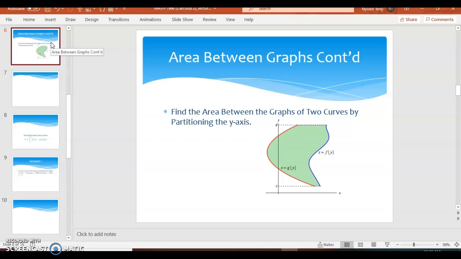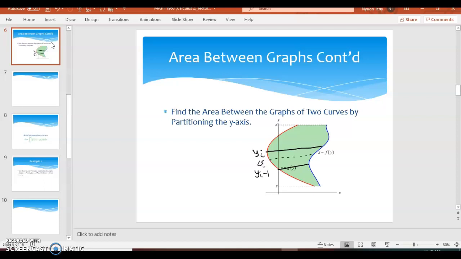So first, let's select a subinterval and call the first point here y of I, the midpoint v of I, and another point here y of I minus 1.